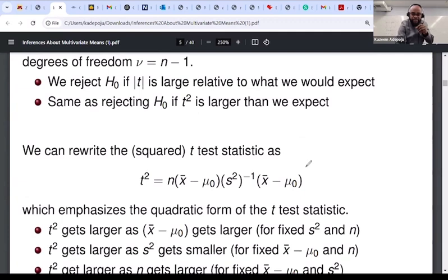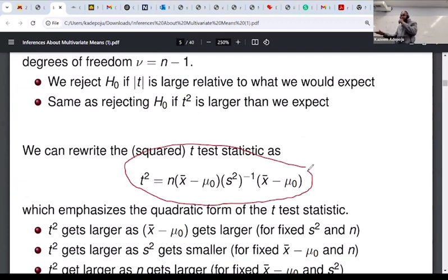If I want to translate this into multivariate, the lowercase t squared will become an uppercase T squared. That is going to become this. Can you see that? So this is going to become that.